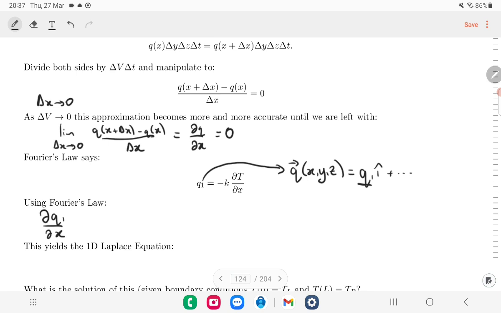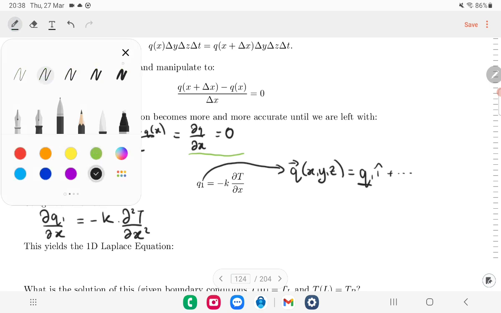I guess we're differentiating both sides of this. Partially, yes, we get minus K times the second derivative of this. This is just Fourier's law, but here we just showed that this partial derivative is 0.